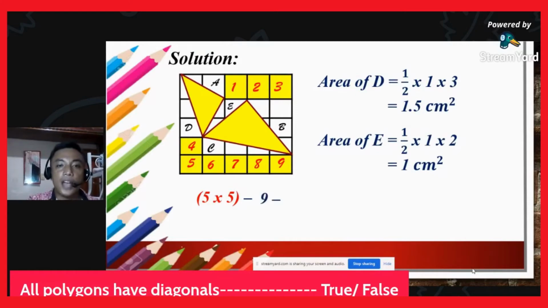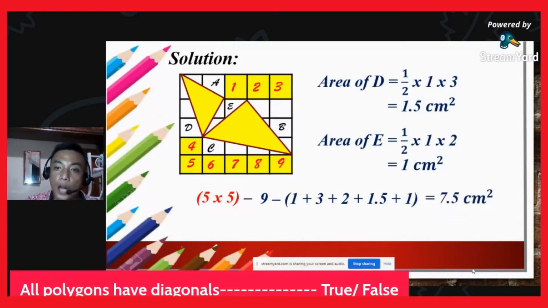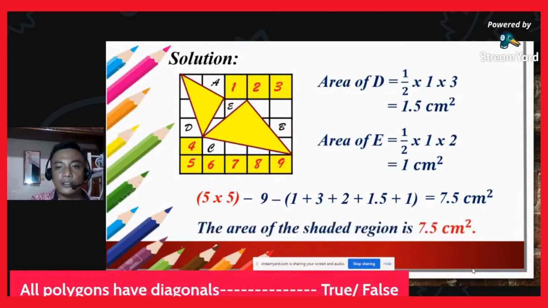So that is 25 minus 9 minus the sum of the areas of the 5 triangles. If we simplify that, it will give us the answer of 7.5 square centimeters. Therefore, we can conclude that the area of the shaded region is 7.5 square centimeters.